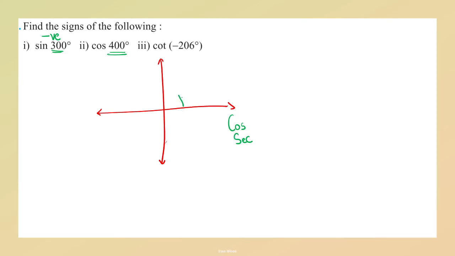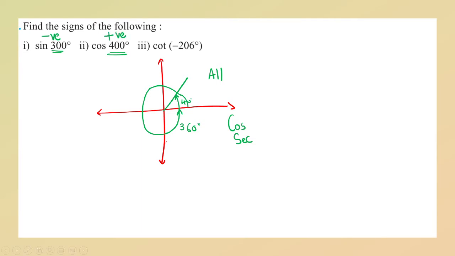So one rotation is 360 degree. About 360 degree, I'll go 40 degree more to reach my answer, and that lies in the first quadrant. And in the first quadrant, all the trigonometric functions give a positive answer. So cos 400 degree, whatever it might be, must be a positive number.